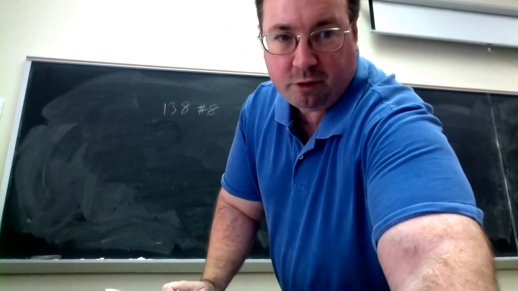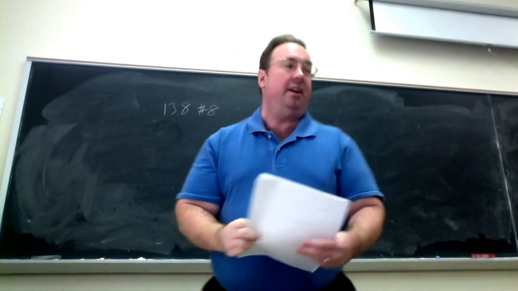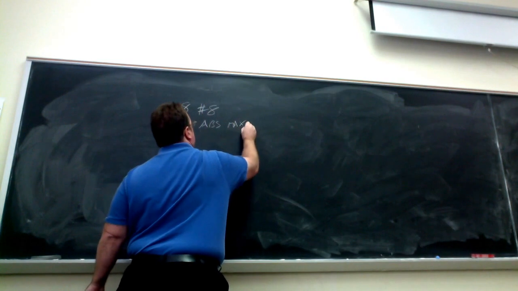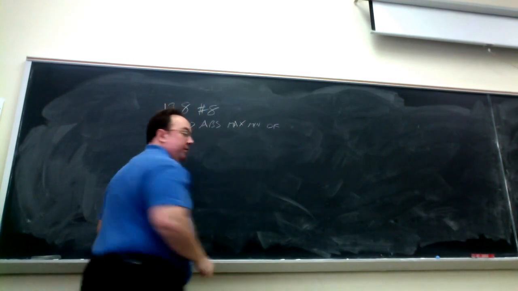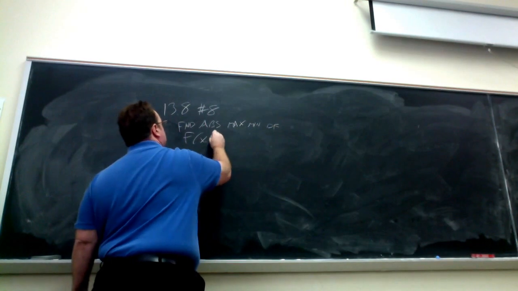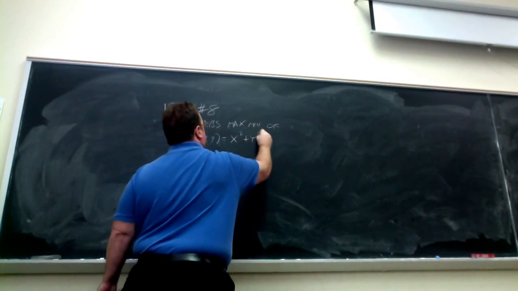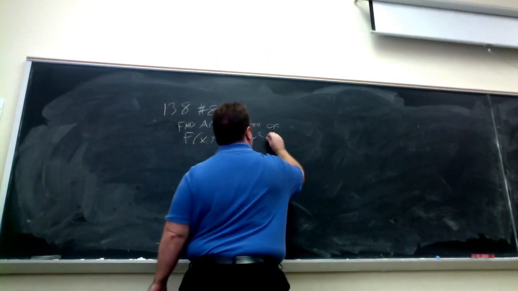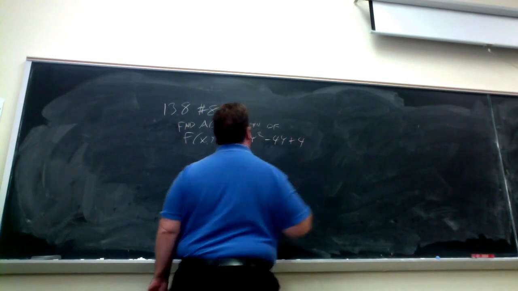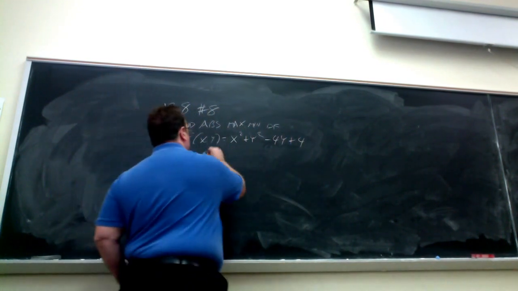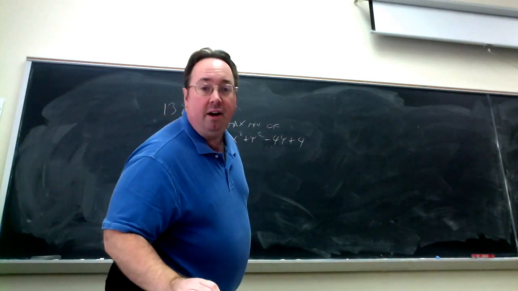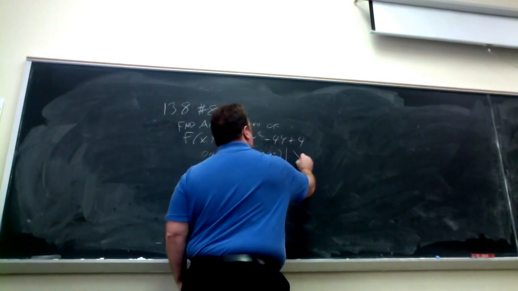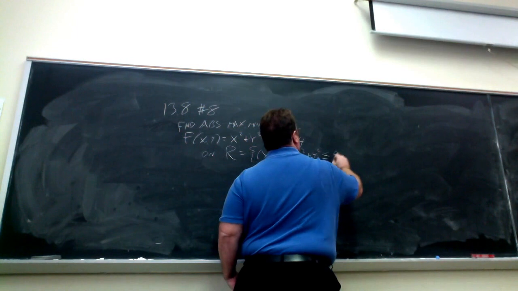The version of the problem that I'm seeing here is the absolute max and min of this function, x squared plus y squared plus or minus 4y plus 4, where x and y are limited to this domain labeled R, instead of all points in R2, that x squared plus y squared is less or equal to 9.